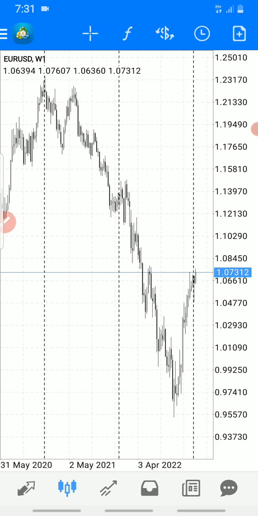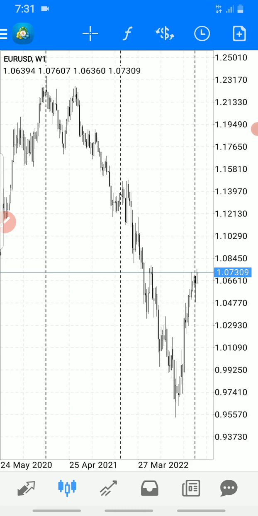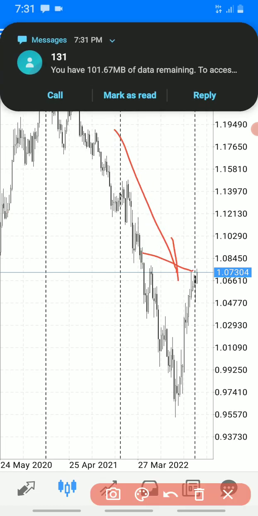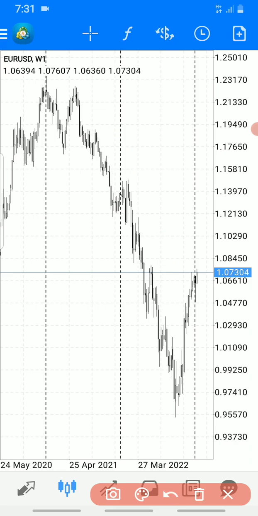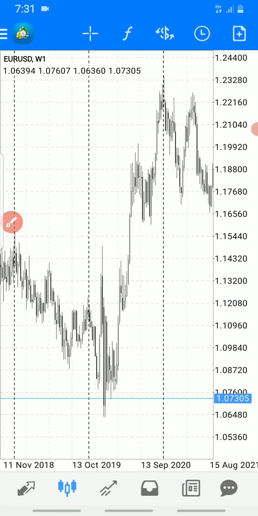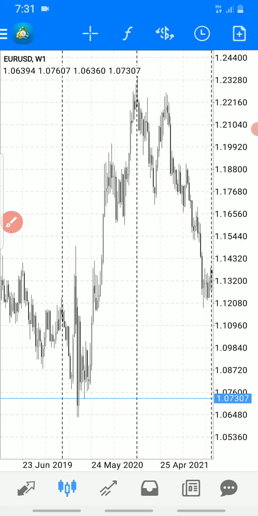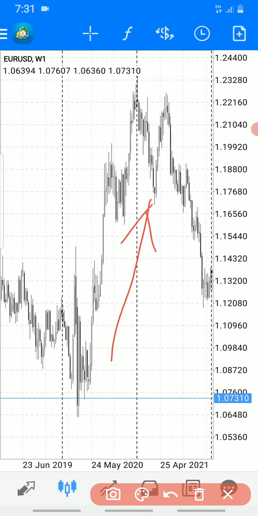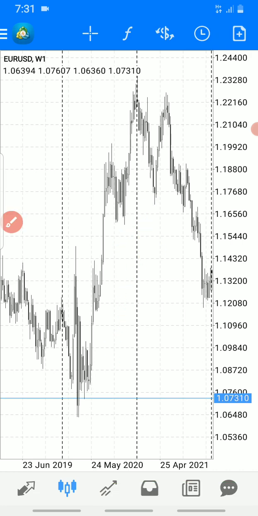So the trend direction will determine the kind of trade you want to place. Remember, the downtrend is a selling market, while the uptrend is a buying market. So remember, for forex trading, you buy low, then you sell high.